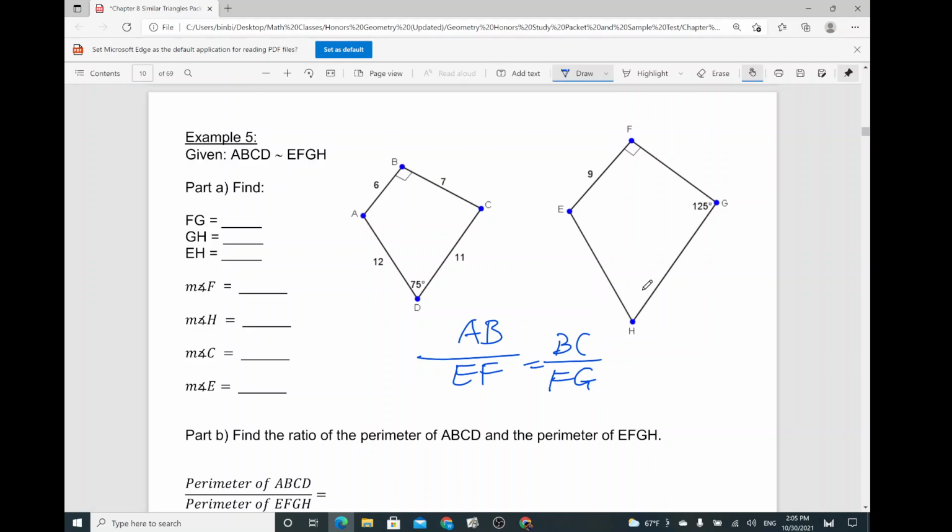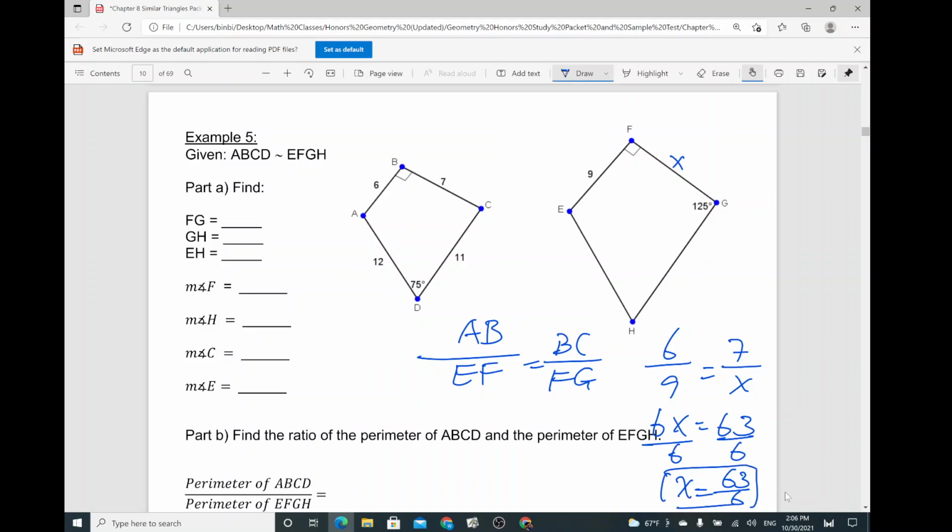So AB is 6, EF is 9, and BC is 7, over FG, we don't know what that is, so it's x. Again, cross multiply, so 6x equals 9 times 7, 63. Divide by 6 on both sides. This one is not divisible, so just leave it the way it is. So x equals 63 over 6.